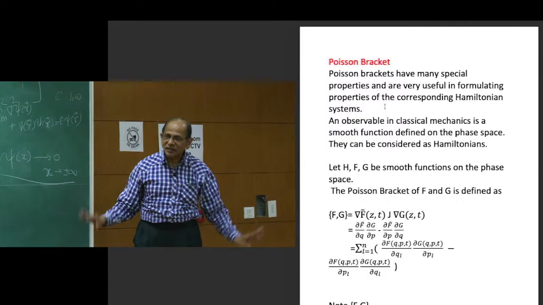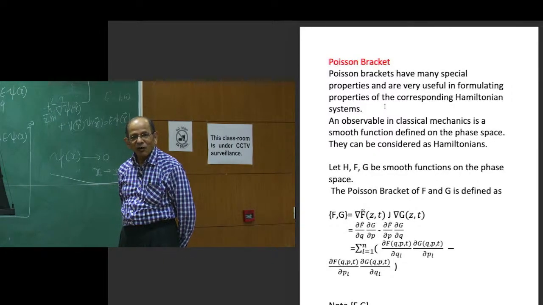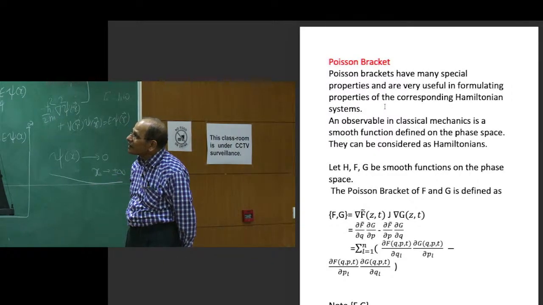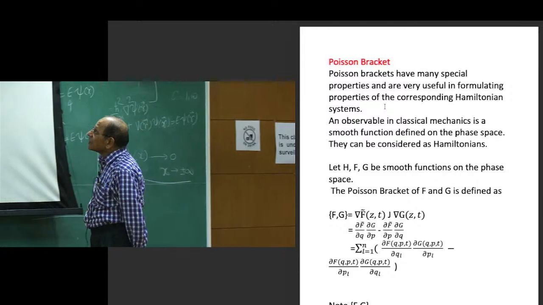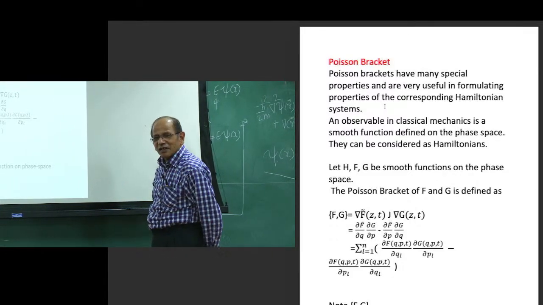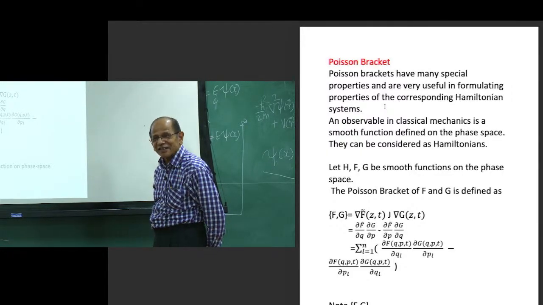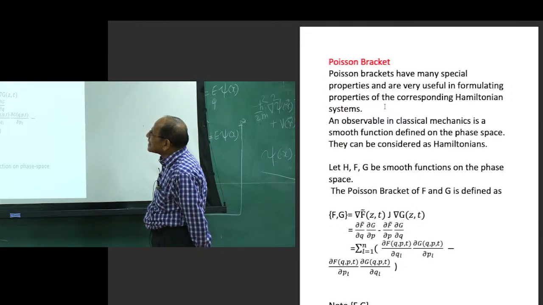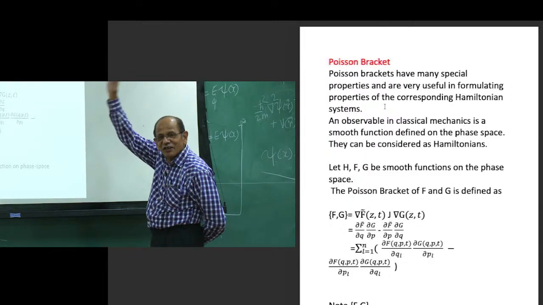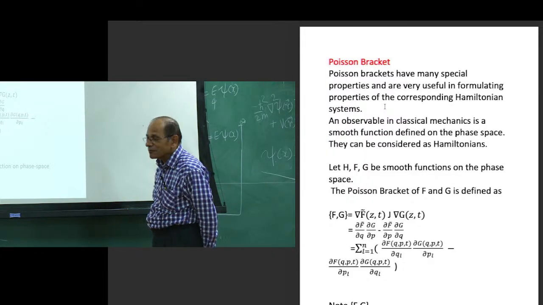Any smooth function of position on phase space is an observable. Why smooth? Because I want to differentiate it; sufficiently differentiable. One doesn't require infinitely differentiable, just a couple of times is enough.